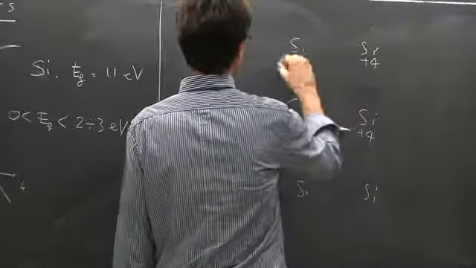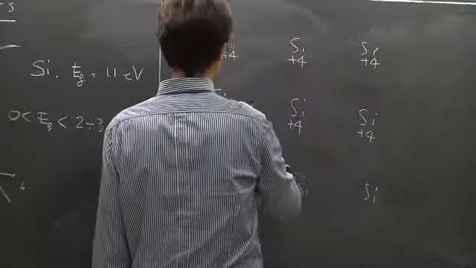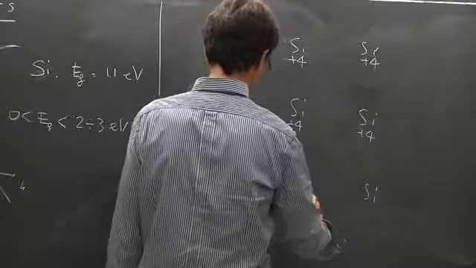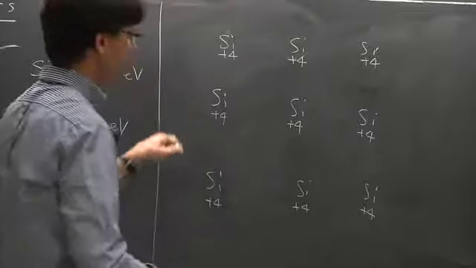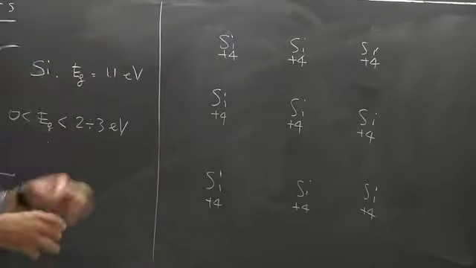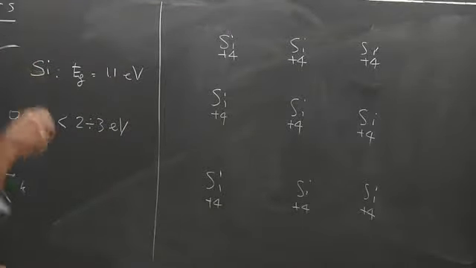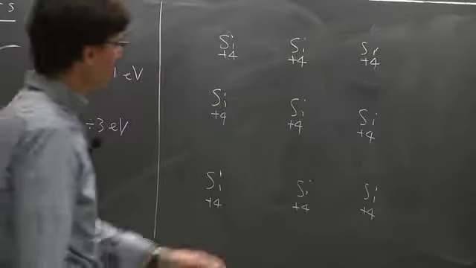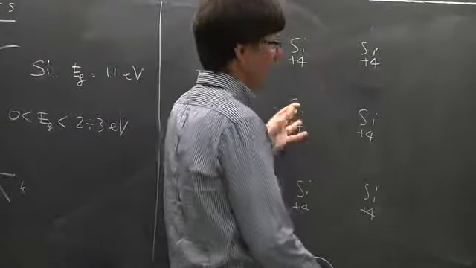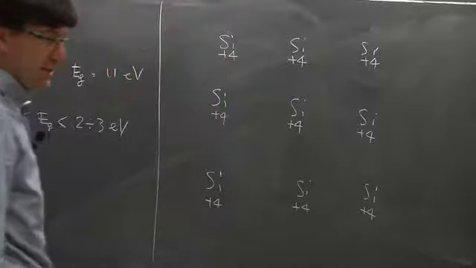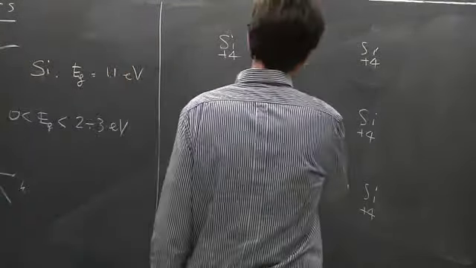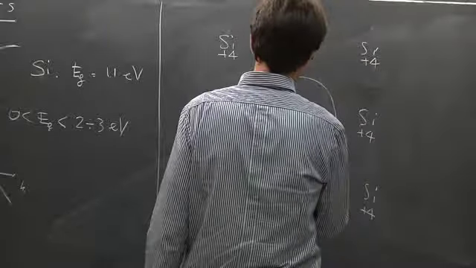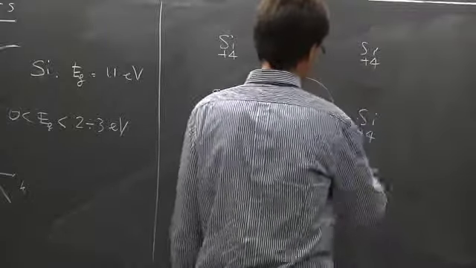So there's a Coulomb field attracting electrons at all these sites, right? A Coulomb field with a +4 charge sitting there. And of course, a number of electrons, which is 4 times the number of atoms in the system. So each silicon, we can think of as carrying 4 electrons.